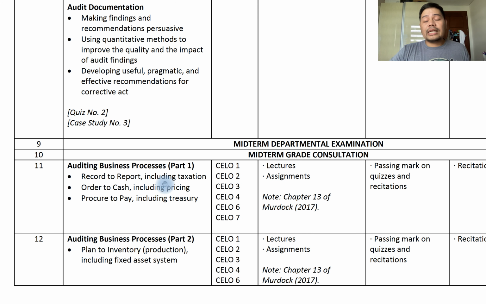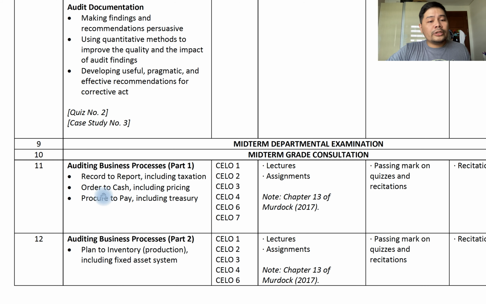So, hinati natin sa 3. And some of it, sabi ko nga sa inyo, na-discuss na natin sa accounting information system. With the part 1 of this topic, we'll be having the record to report, including taxation. So, in your accounting information system, it's your general ledger and financial reporting system.